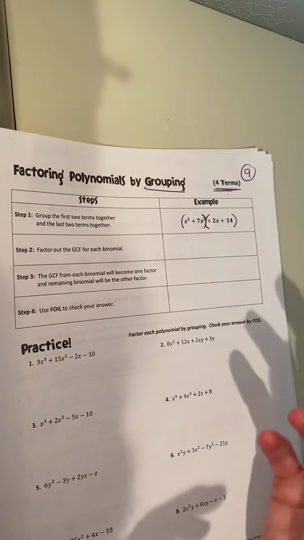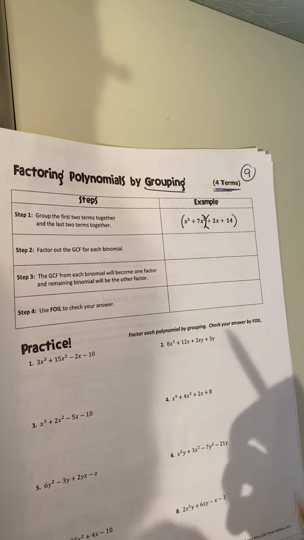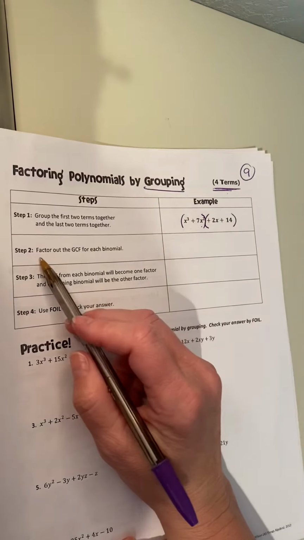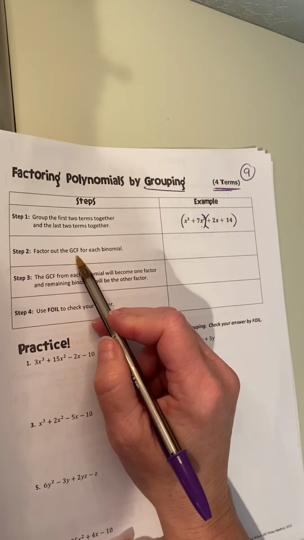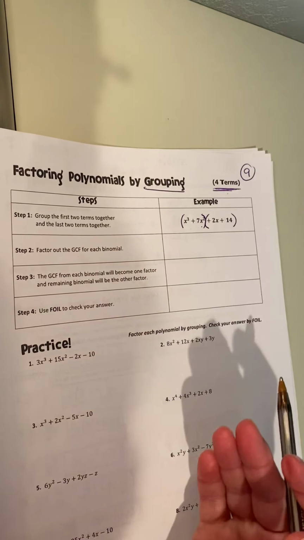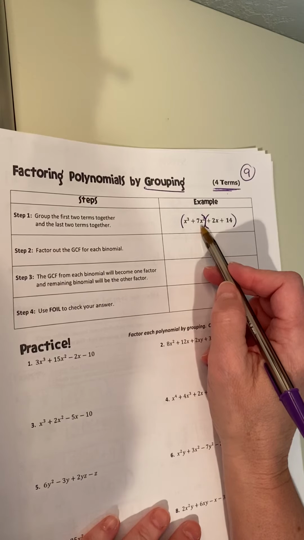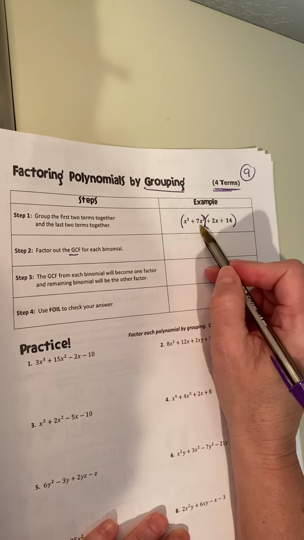So now you're going to treat it as 2 separate problems, 2 separate polynomials, this polynomial and this polynomial. Actually, a binomial. You're going to factor out the GCF from each one of them. So treat them separately. Looking at x cubed plus 7x squared, the GCF for these 2 terms is an x squared.